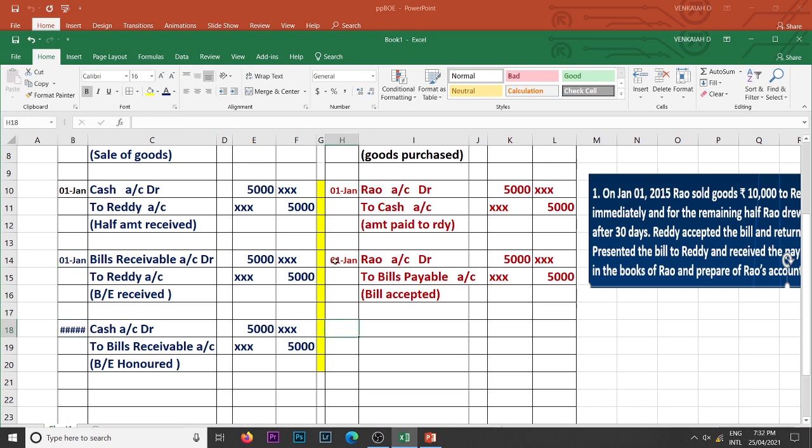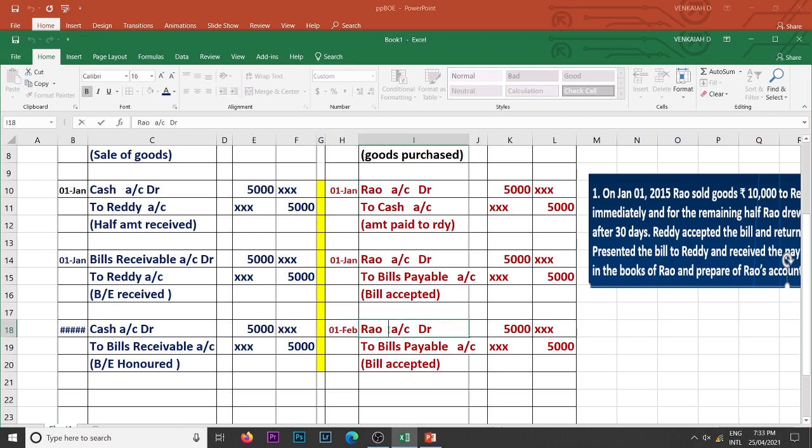So Reddy is paying money to Rao against bills payable. 4th February. Bills payable account debit to cash account.